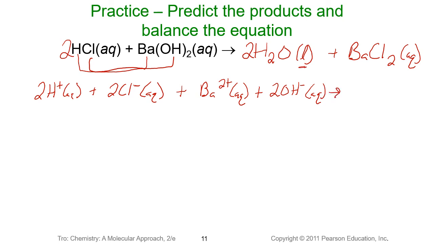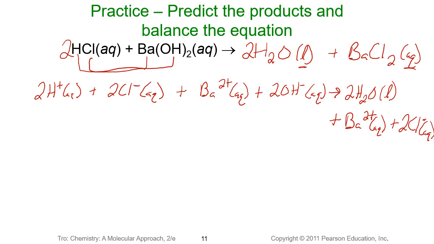Anything that is solid, liquid, or gas, like our water, remains as the compound. And if we have aqueous, that gets split into ions. And so our complete ionic equation would look like this.